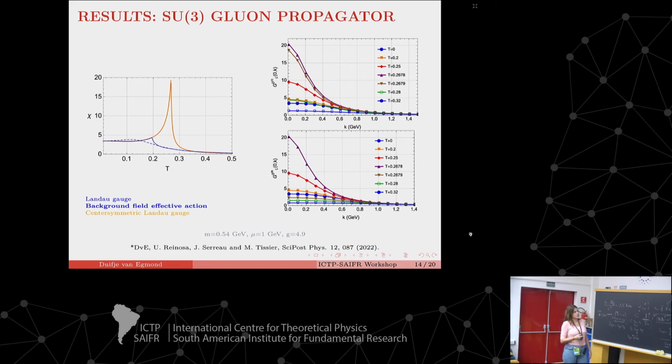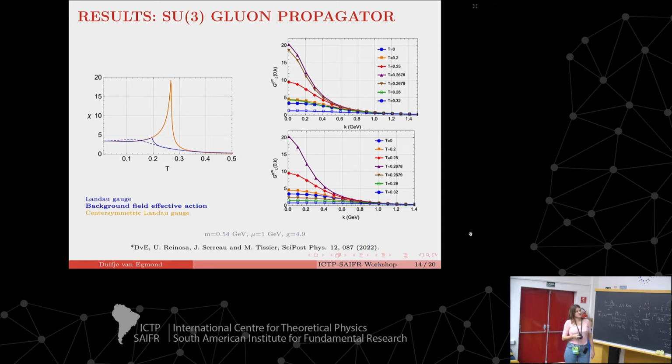And interestingly, here we looked at what's called in the Cartan-Weyl basis the neutral modes, but they are connected to the diagonal directions, so the 3 and the 8 directions. Here we looked at the full propagators. And what's interesting is that they are actually exactly the same until the transition temperature, while after the transition temperature, the 8 direction falls off much faster than the 3 direction.